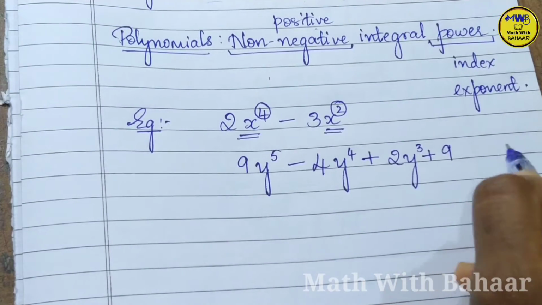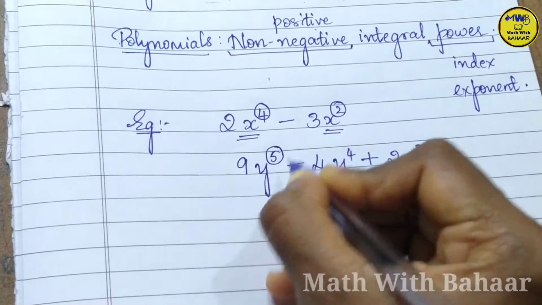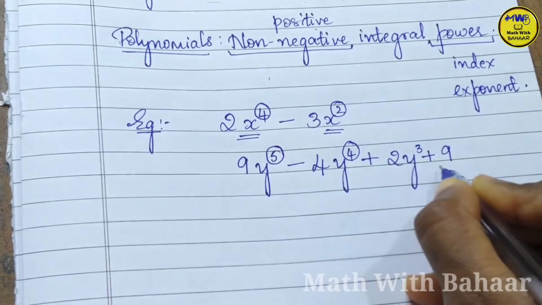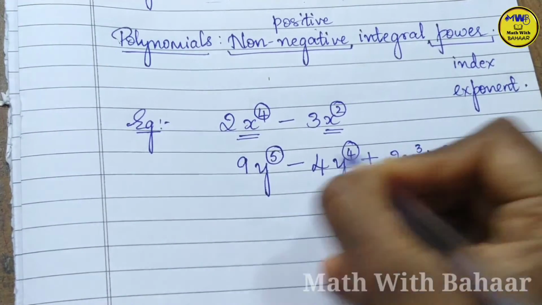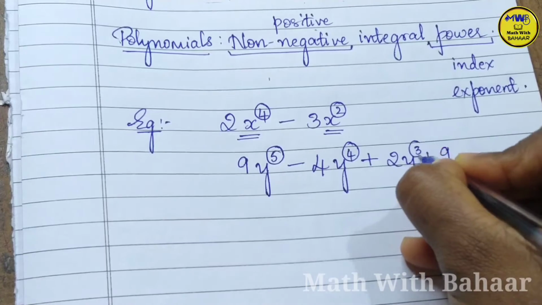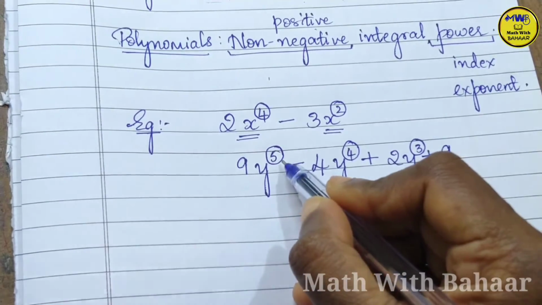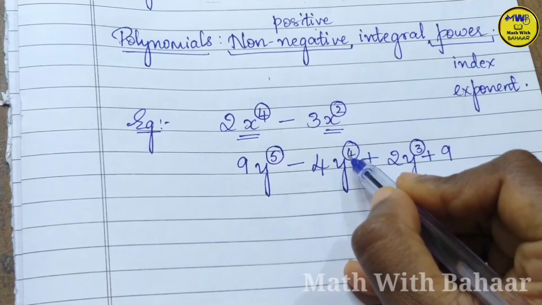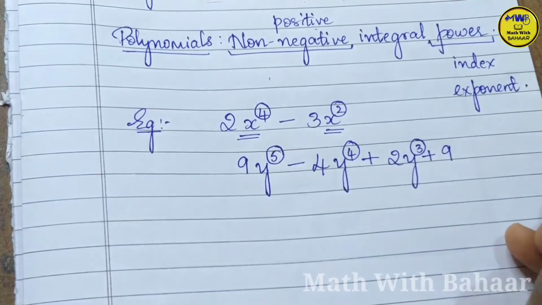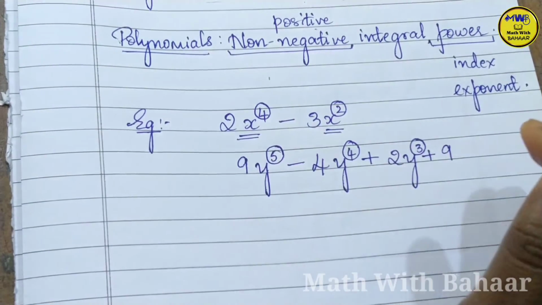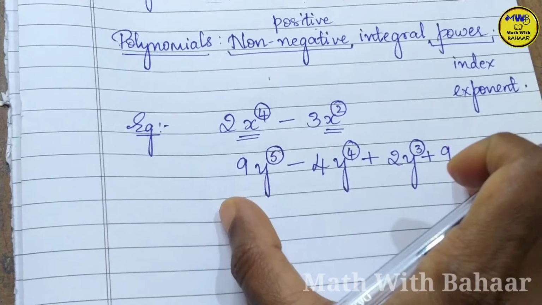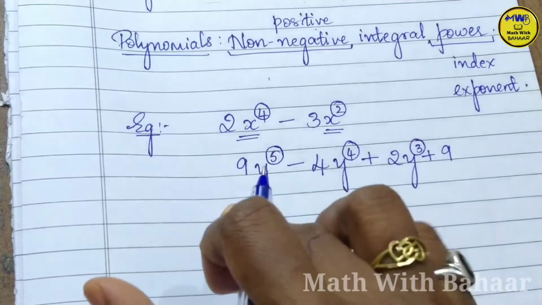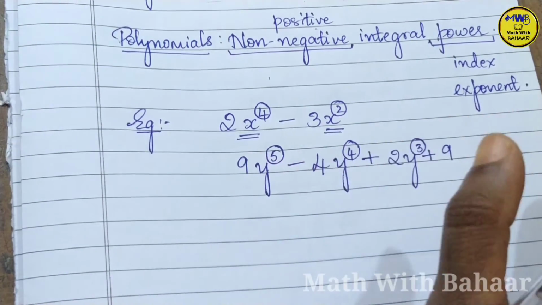Yes, it's a polynomial. I have used a single variable here, and look at the variable's power. You have 5, 4, which is again a positive number, and 3, again a positive number. So all the powers are positive. Therefore we can say that this expression is a polynomial because it has a non-negative integral power.